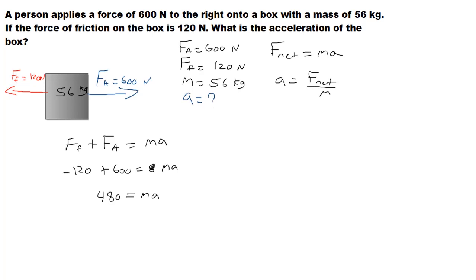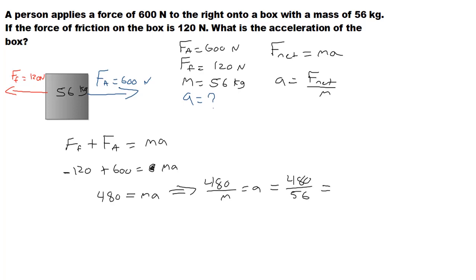Well, so divide by m. So it implies that 480 over m equals a. That's equals 480 over 56.